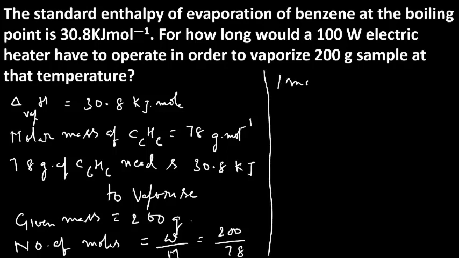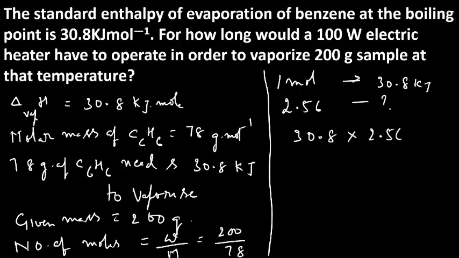Here, 1 mole of benzene needs 30.8 kilojoule. So 2.56 moles need 30.8 into 2.56 kilojoule.